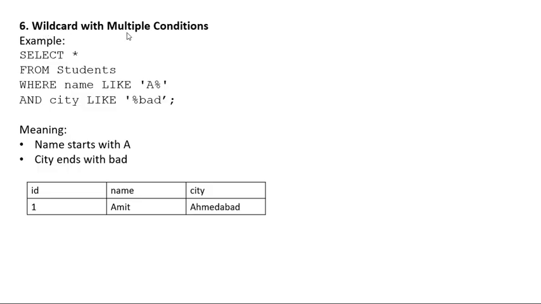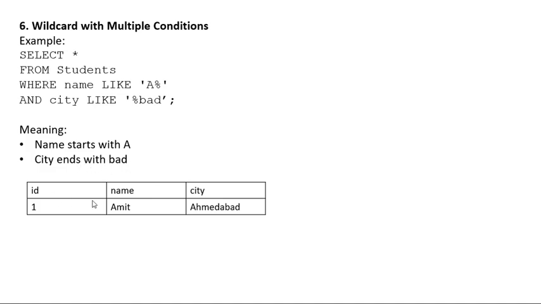Sixth is wildcard with multiple conditions. For example: SELECT * FROM student WHERE name LIKE 'A%' AND city LIKE '%bad'; The names start with A, and the cities end with bad. The meaning is names start with A and cities end with bad.